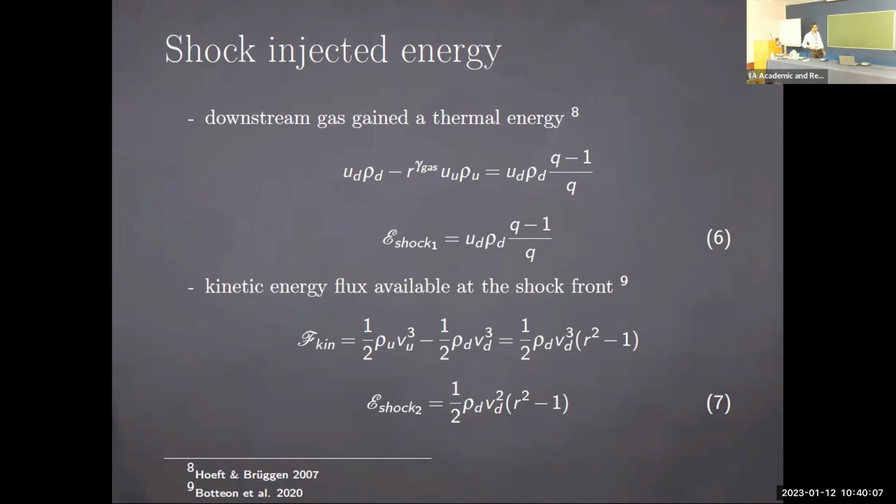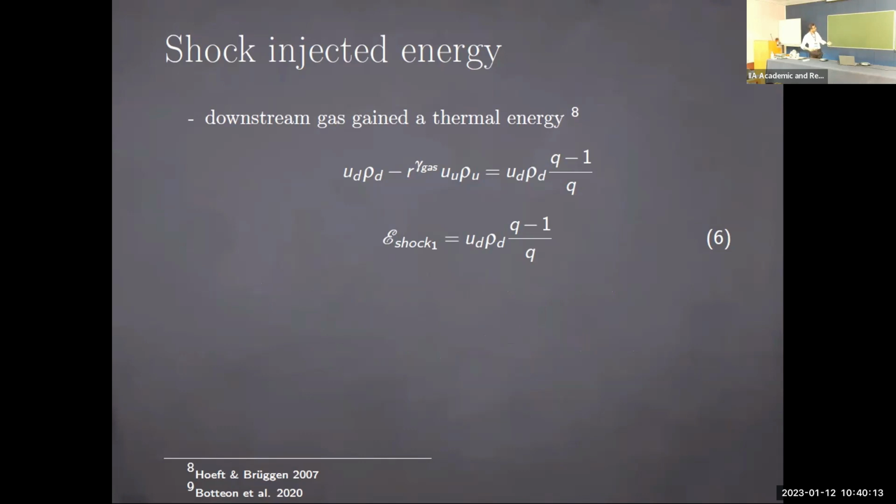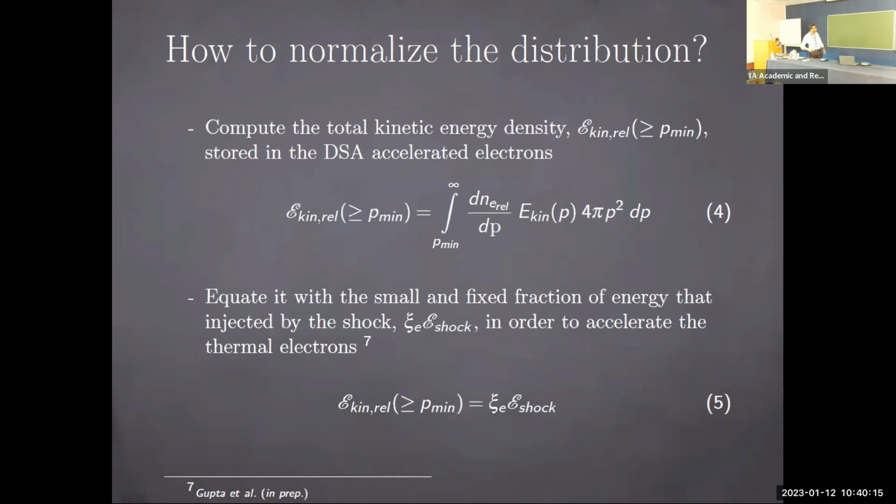And this xi E takes care of how much energy is dissipated into the non-thermal part, that is, to accelerate the thermal electrons to suprathermal or relativistic energies.